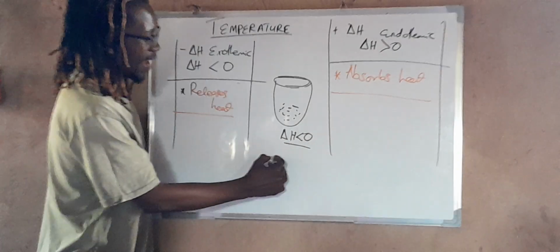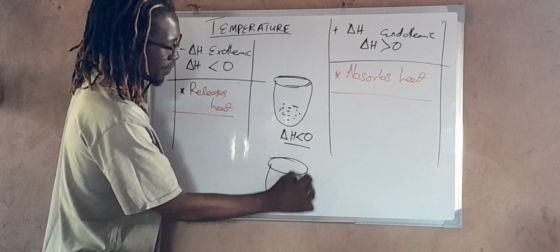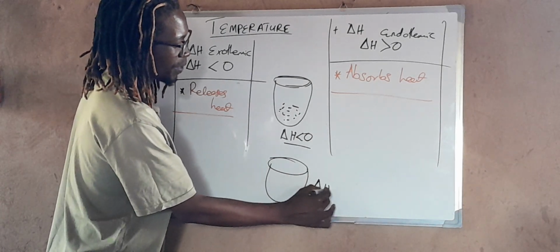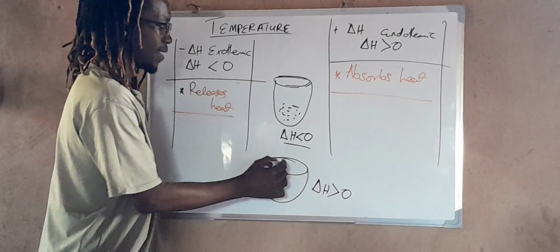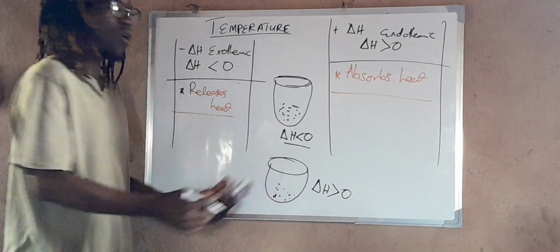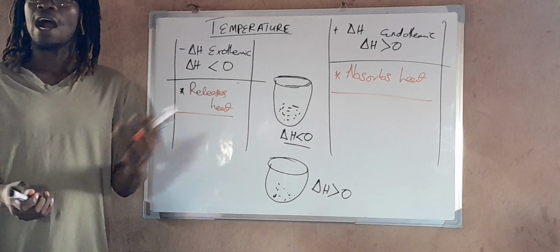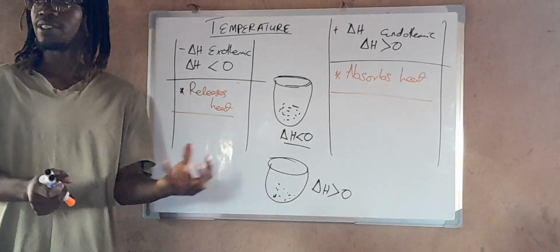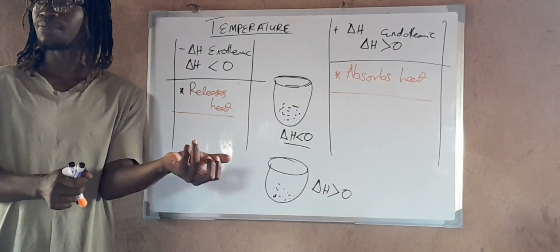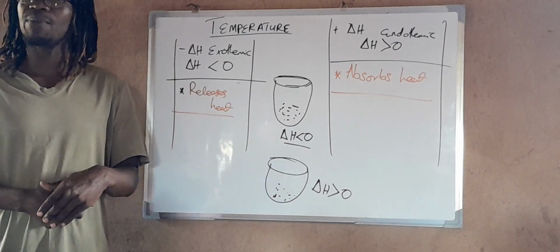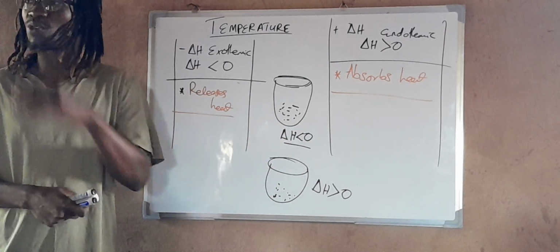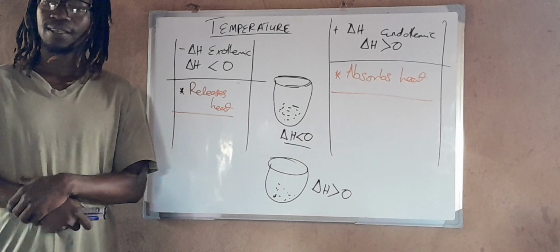And if an endothermic reaction is happening, you know that for endothermic, the enthalpy change is greater than 0. So if you are holding a beaker while the endothermic reaction is happening inside, how would you feel? Cold, or cool, because an endothermic reaction absorbs heat.